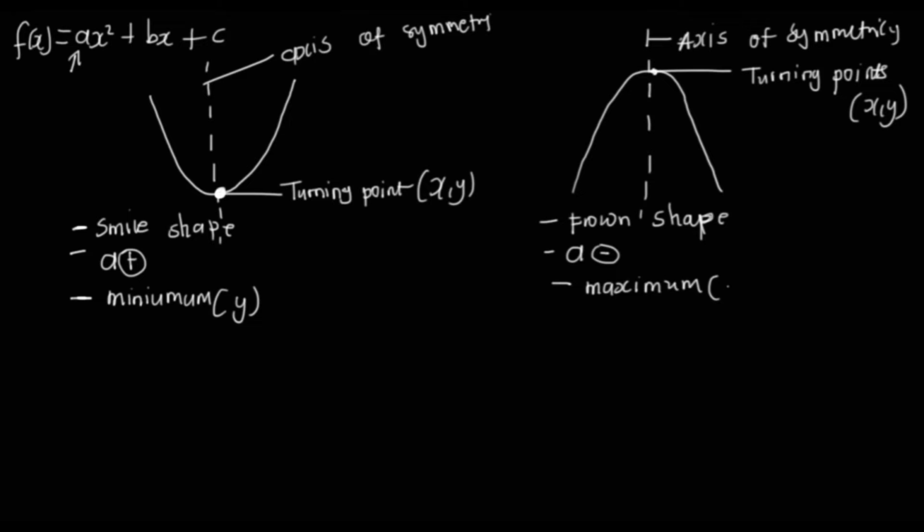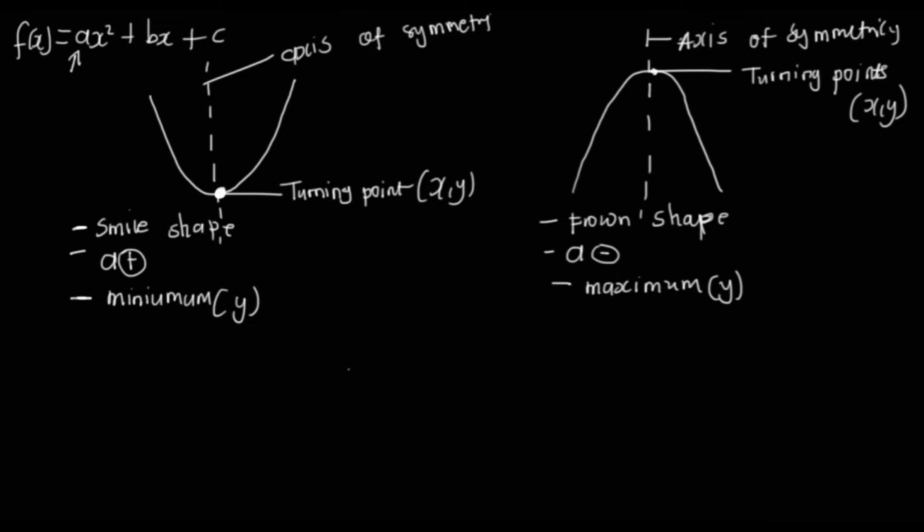So whether a minimum or maximum, each value is given by the y-coordinate of the turning point. So after calculating the coordinates of the turning point, the y-coordinate represents the minimum or the maximum point. It depends on the given question. Then the x-coordinate represents the axis of symmetry.